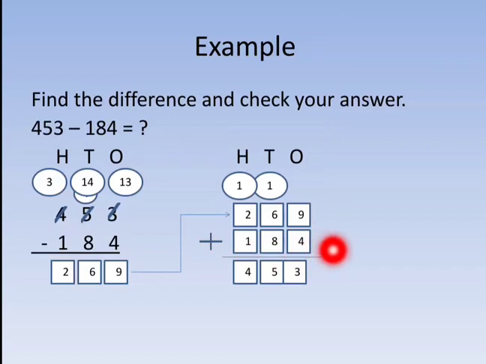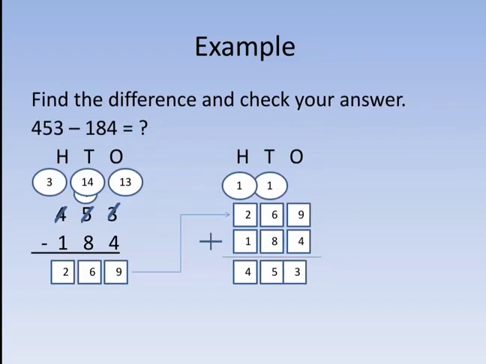See, the sum of the difference and the smaller number is equal to the bigger number or the minuend. It means our calculation is correct. This is how we can check whether our answer is right or not.